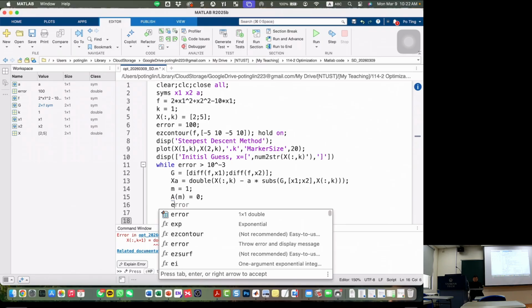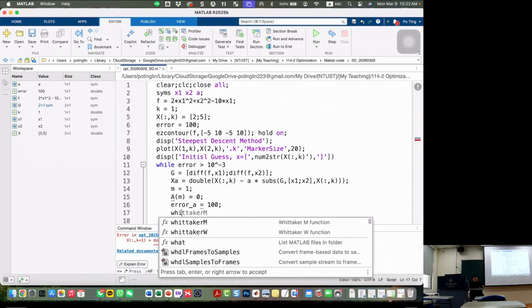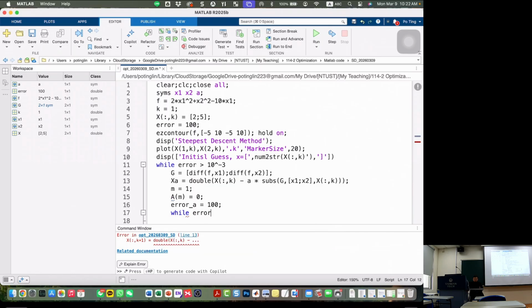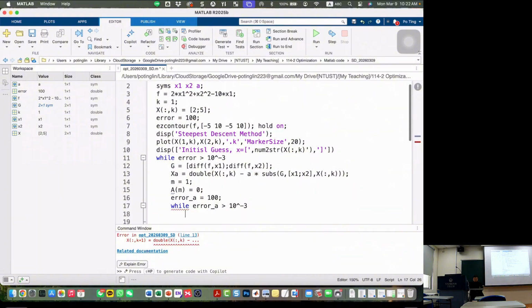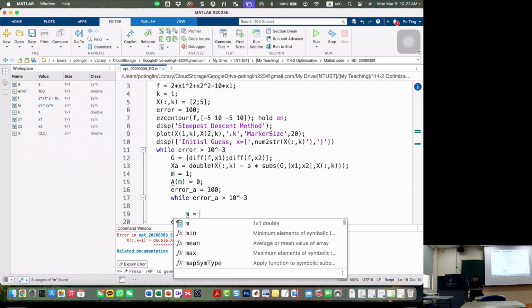And I need an error value for the subproblem, so I have error_A right here, something big, and a while loop: error_A larger than 10 to the power of -3. And at the end, I have m equals m plus 1.